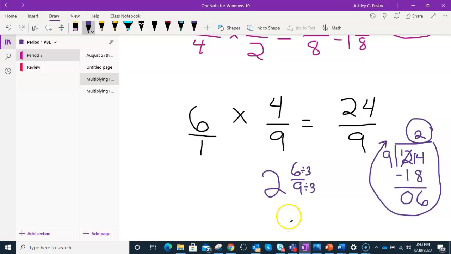So I would get 2 and 2/3. So this right here would be the final answer because it's simplified all the way to lowest terms. Technically 2 and 6 ninths would be correct, but you want to be careful because 2 and 2/3 is the one that is in lowest terms.